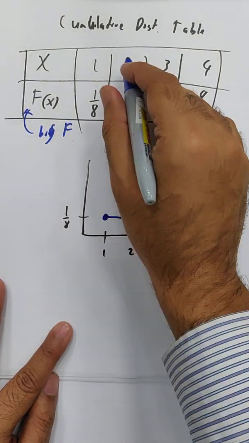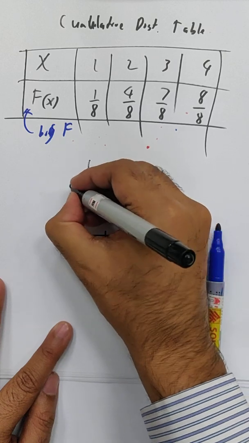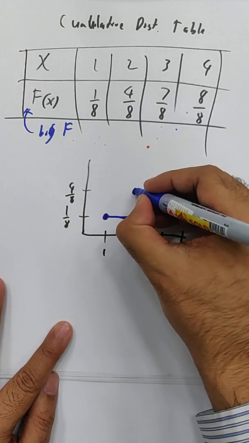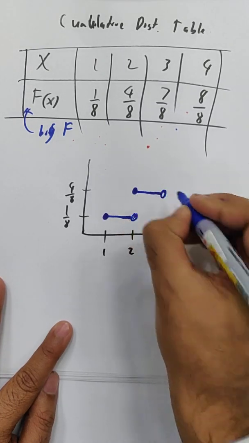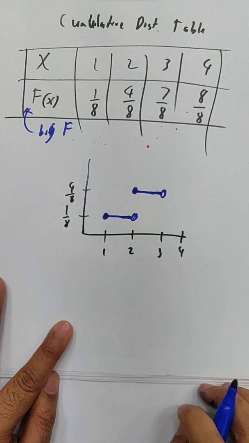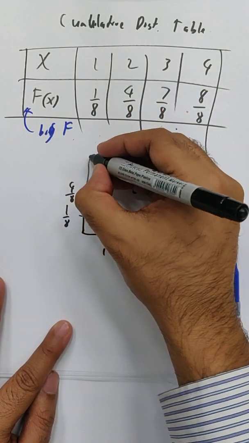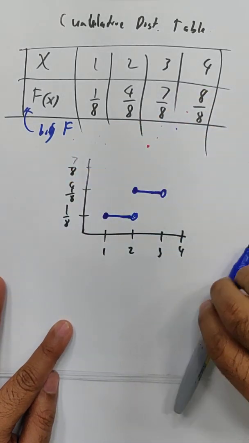Okay, what about 2? 4 over 8. So we draw a full dot here and over here a hollow dot, make a line. What about 3? 7 over 8. Yeah, same.